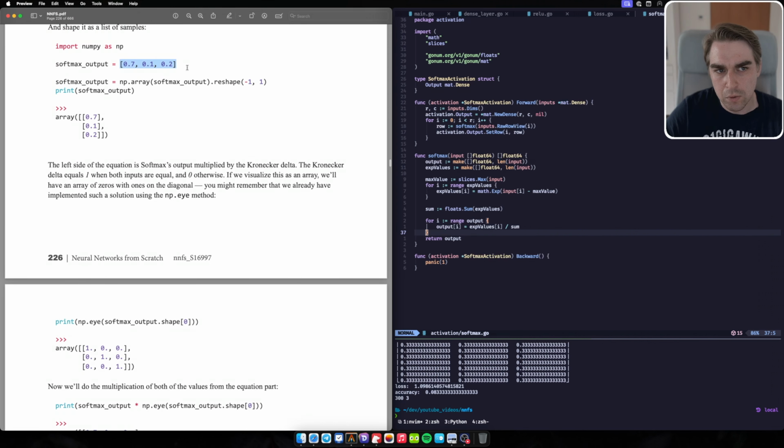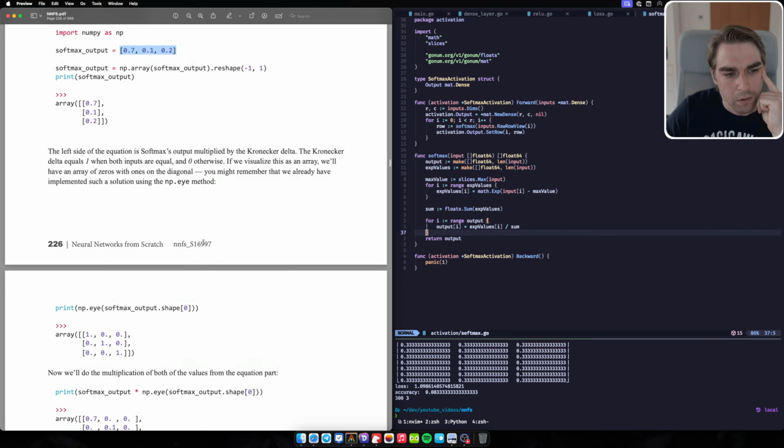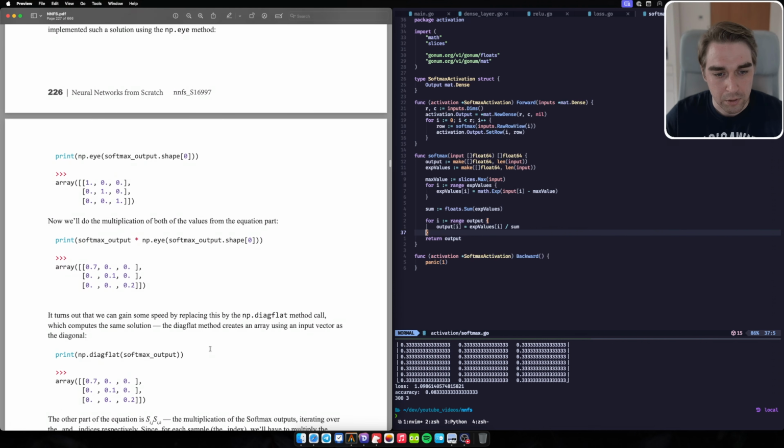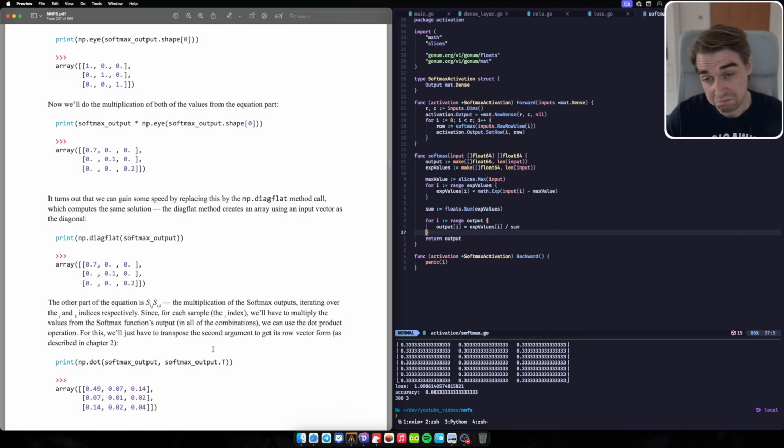You can take this one, or maybe it's just a thing with NumPy, and multiply by this, you'll get the same. It turned out that we can gain some speed by replacing this with the final np.diagflat method call, which computes the same solution. The diagflat method creates an array using an input vector as the diagonal. Basically, we have one row and we need a two-dimensional array.